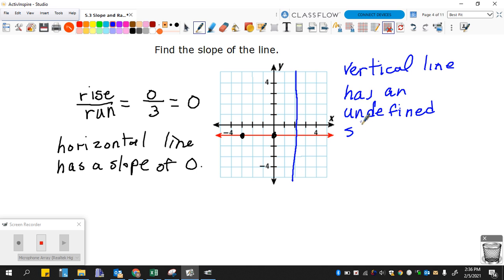Basically what that means is that there is no slope for a vertical line, because we have a number that goes up or down and a zero in the denominator, and we cannot have a ratio with a zero in the denominator. So a vertical line has an undefined slope.